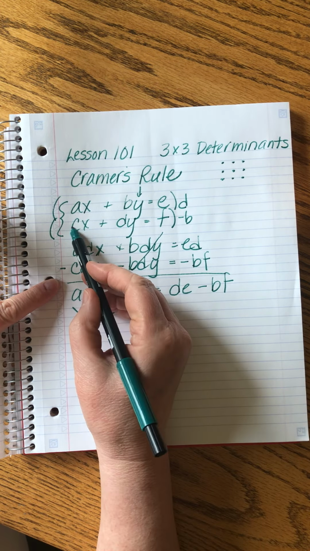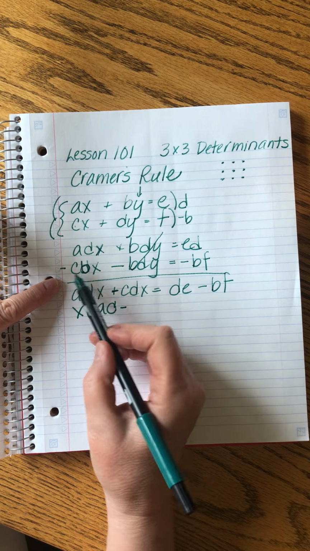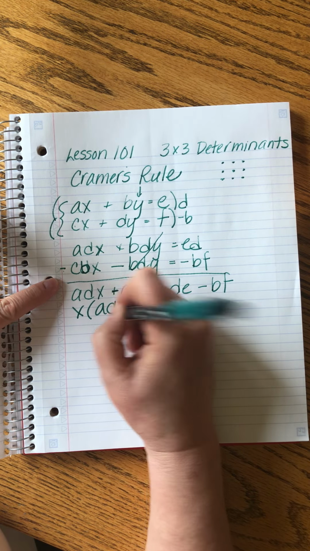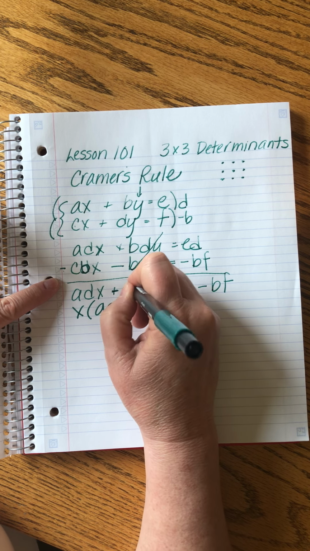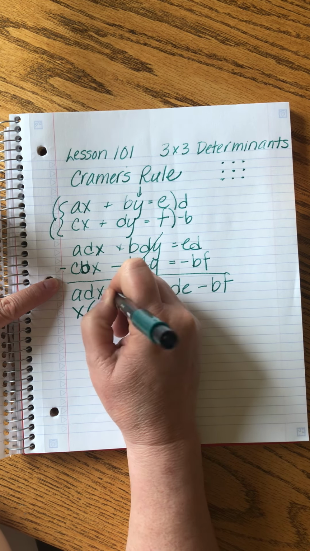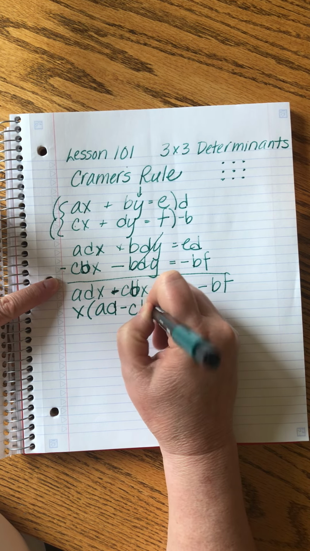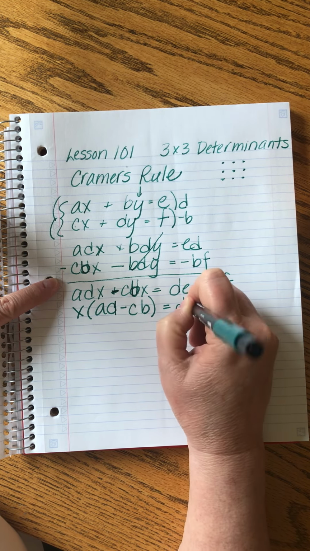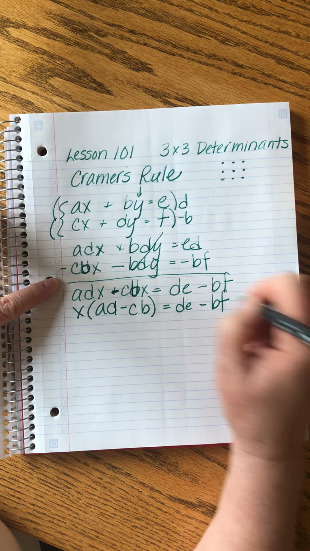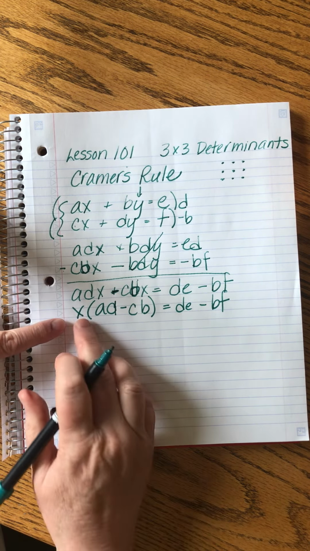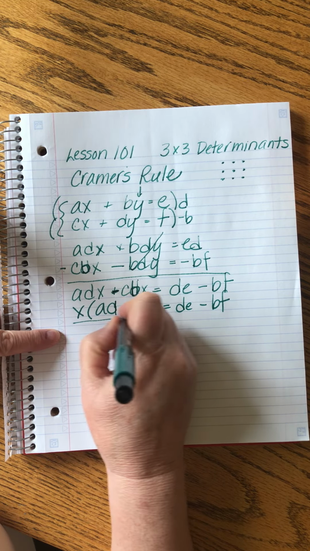I multiplied that incorrectly. Minus B times Cx is minus CBx. I could have gone alphabetical. So now it's AD, and this should be CB minus. Okay, now I'm back on track. AD minus CB times x equals DE minus BF. I feel good about it. Now we want to divide away this part.